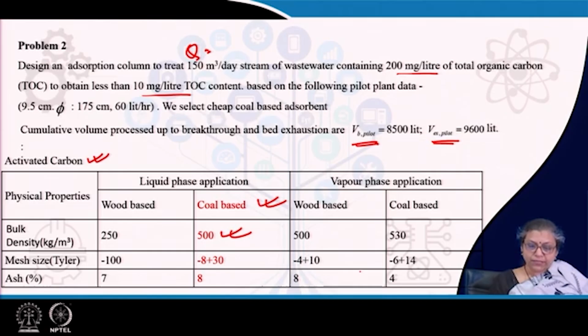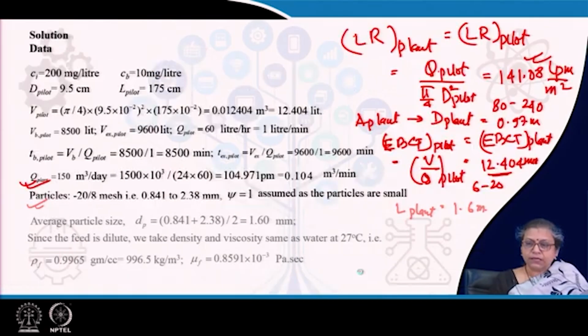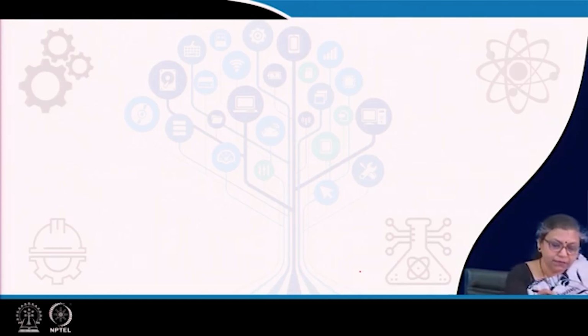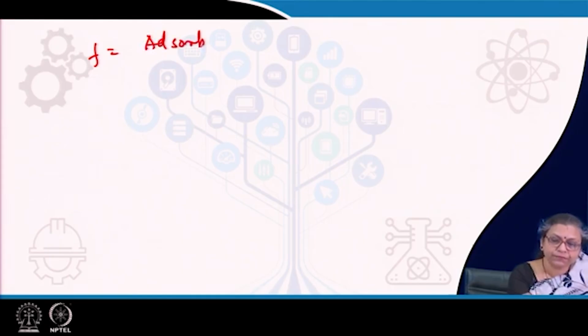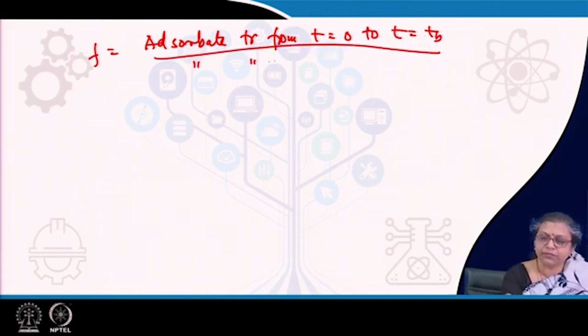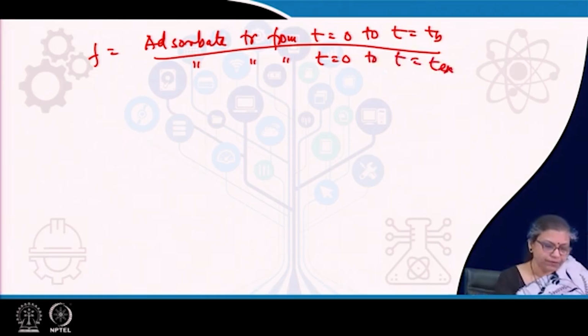If we assume that the curve was more or less symmetric, then in that case we can find out the F from the adsorbate transfer from T equals 0 to T equals TB, divided by adsorbate transfer from T equals 0 to T equals T exhaustion, right.